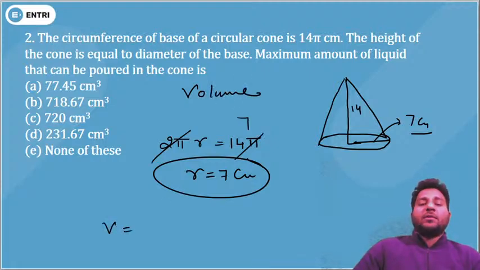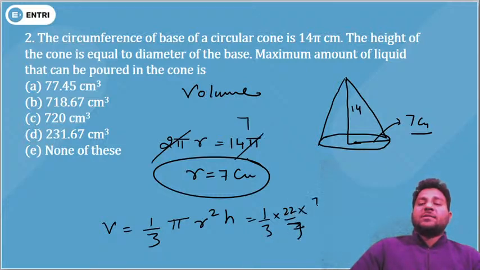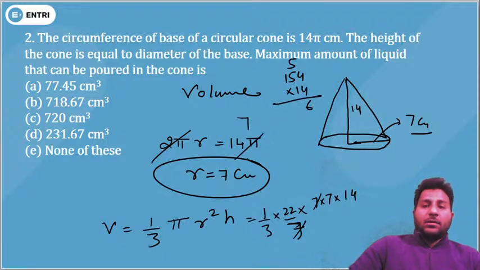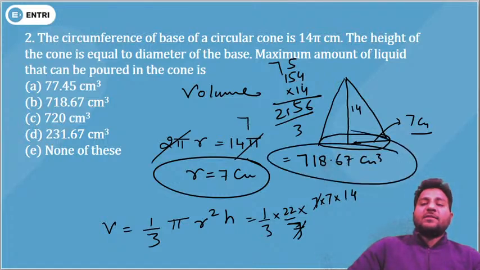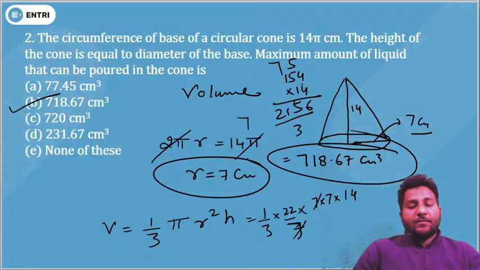Volume is equal to 1 by 3 pi r square h. So 1 by 3 into 22 by 7, r means 7 into 7, and h is 14. So 154 multiplied by 14 divided by 3. Clearly, 718.67 centimeter cube is the correct answer.